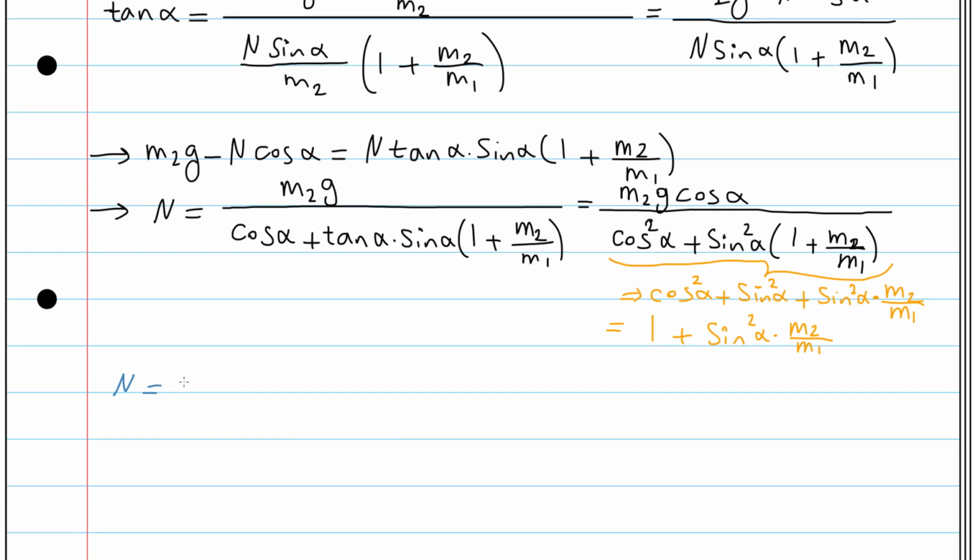Finally, we get n equals m2 g cosine alpha divided by 1 plus sine squared alpha times m2 over m1.